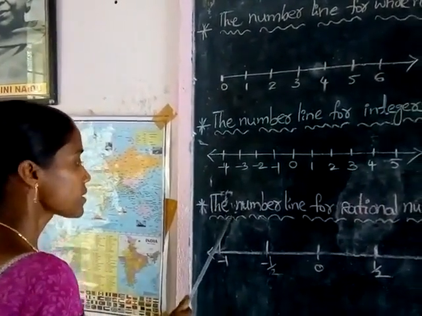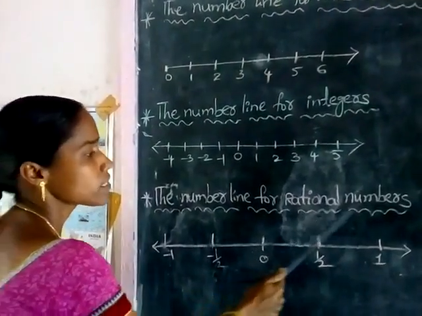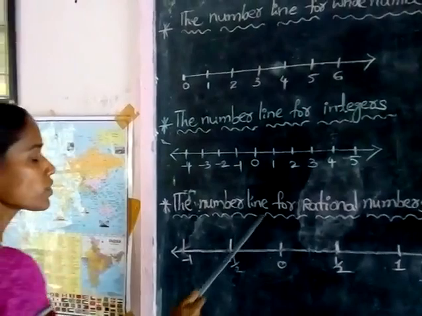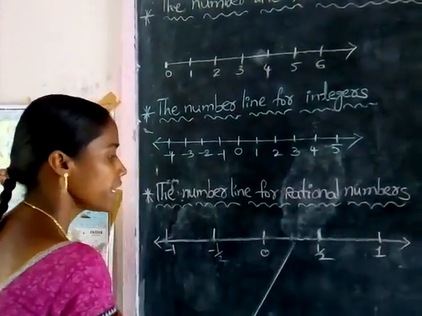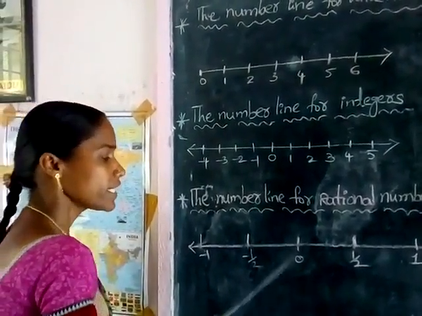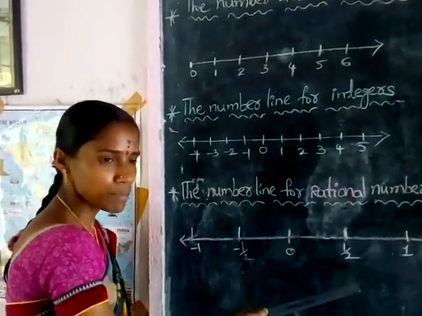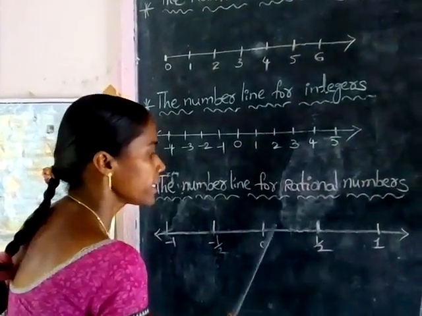Let us try to understand the number line for rational numbers. For rational numbers, the number line extends indefinitely on both sides. But here we can see numbers in between also, like 1 by 2 is between 0 and 1.